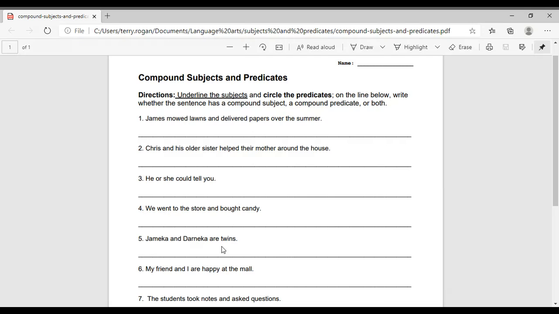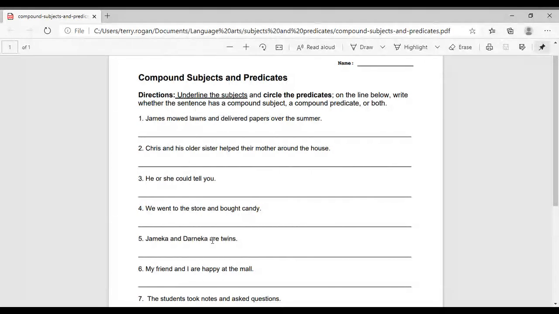Let's look at sentence number 5. Jamaica and Darnika are twins. Who or what is this sentence about? It's about Jamaica and Darnika, two people. So this is a compound subject. What did they do? Well, they didn't actually do anything, but they are twins.